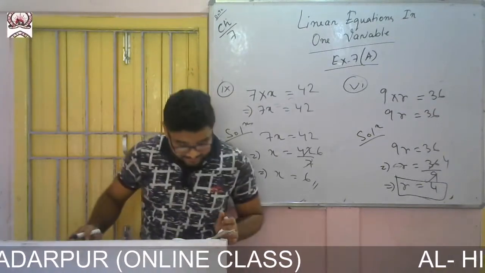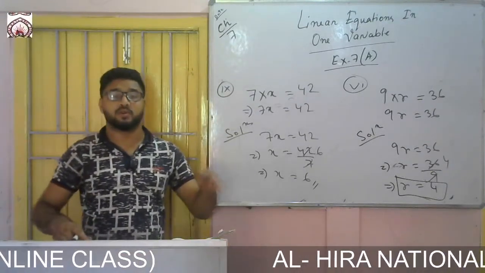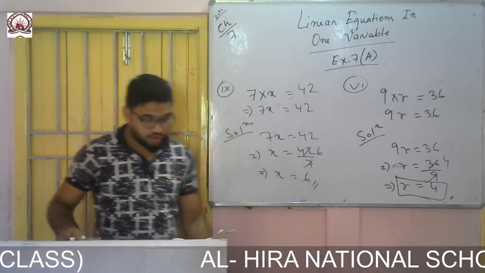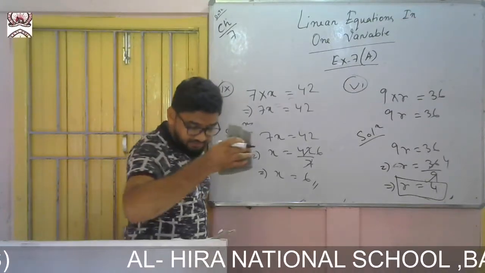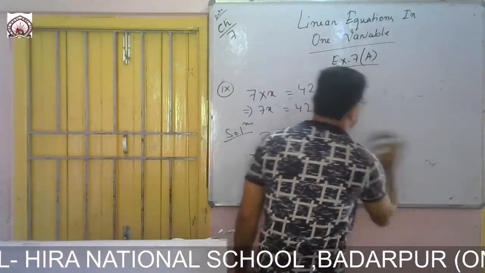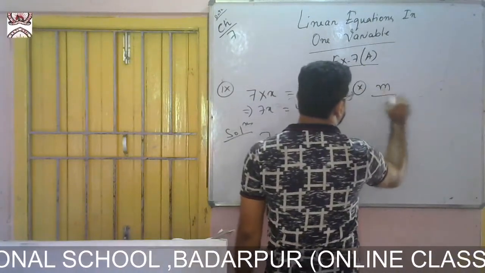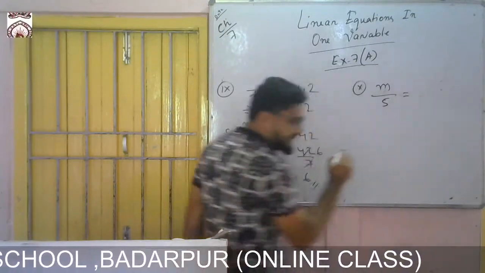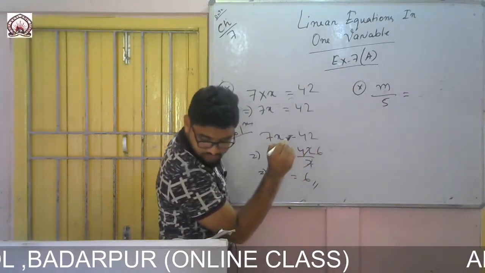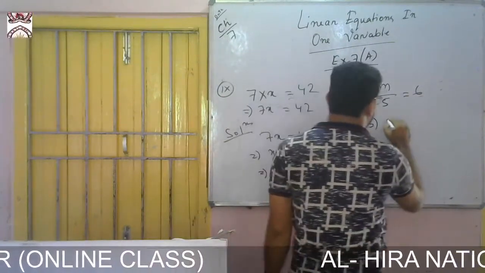Now come to question number 10. Quotient of m divided by 5 is 6. Quotient denotes a division. We need to find m.